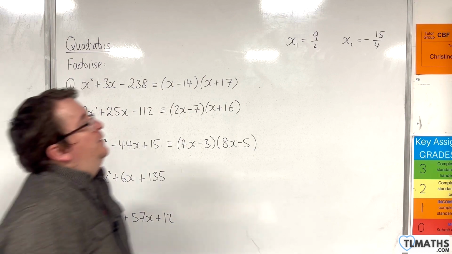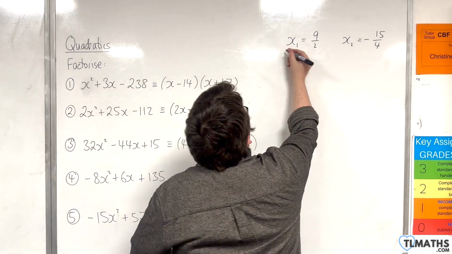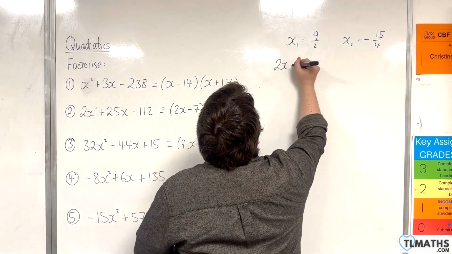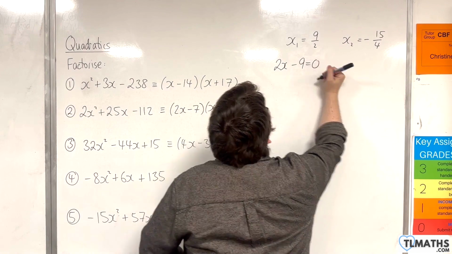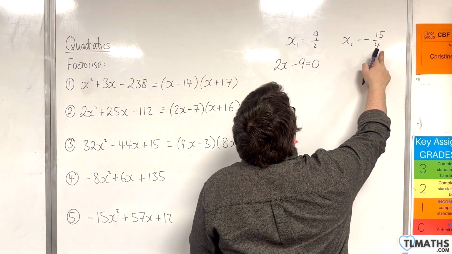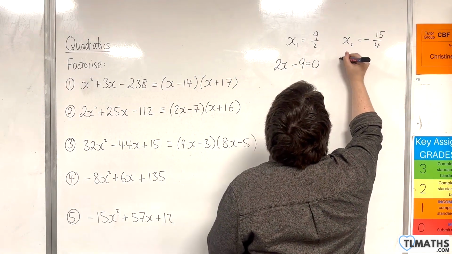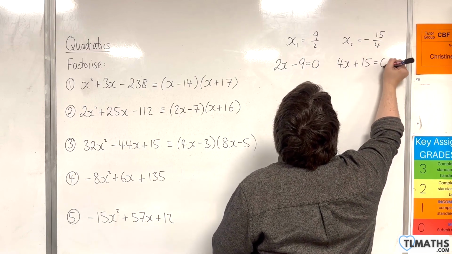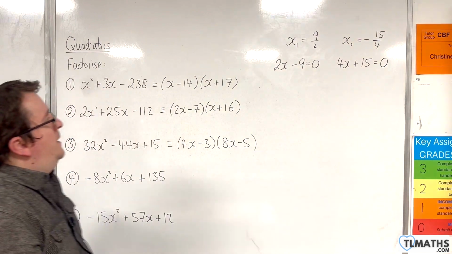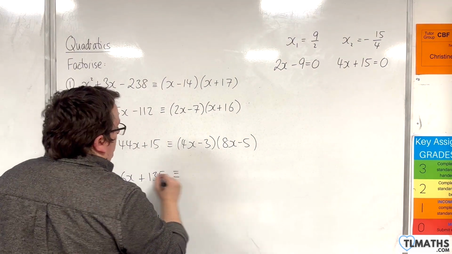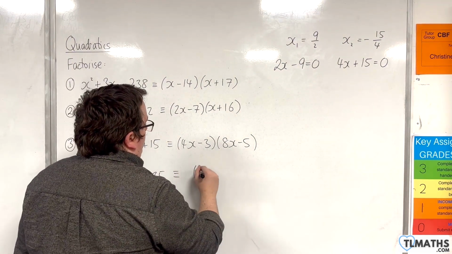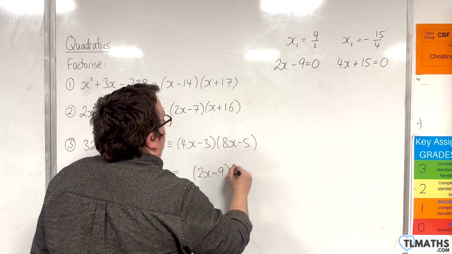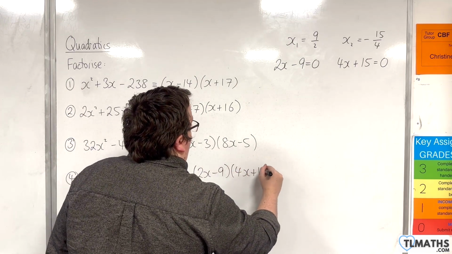So I can multiply both sides by 2 and then take 9 from both sides, and I can multiply both sides by 4 and add 15 to both sides. So that is equivalent to 2x minus 9 times 4x plus 15.